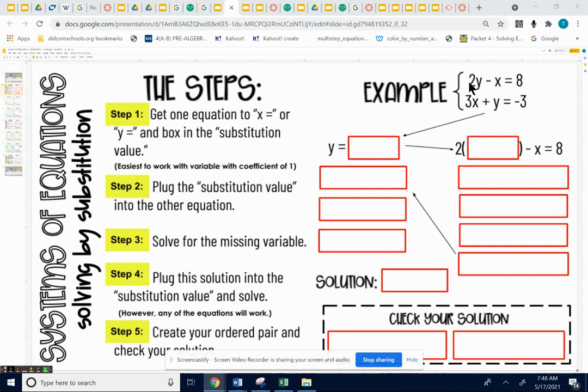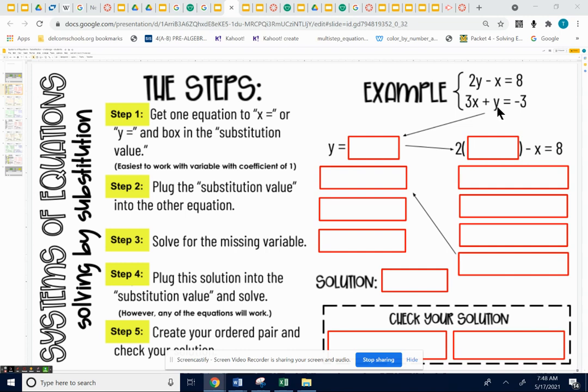Now, I would look for an equation that has a coefficient of positive 1, because that's so much easier to solve for a variable. In the top equation, the y has a coefficient of 2 and the x has a coefficient of negative 1. The x in the bottom equation has a coefficient of 3, but the y in the bottom equation has a coefficient of 1, which means that is easy to solve for.